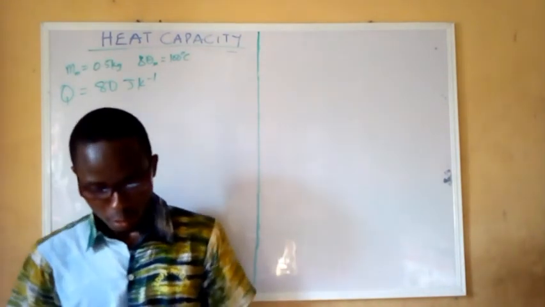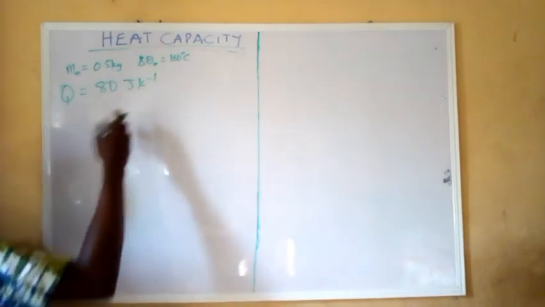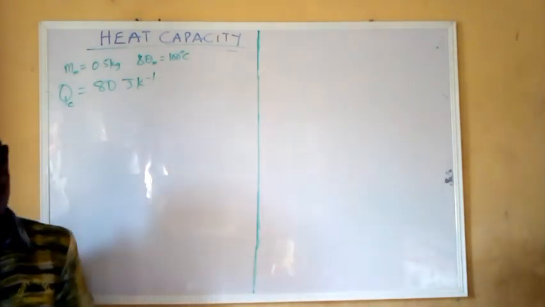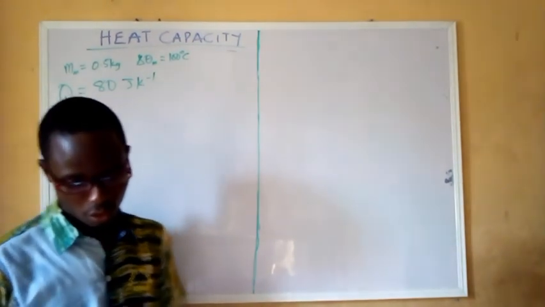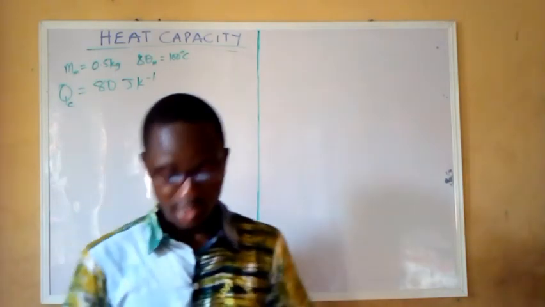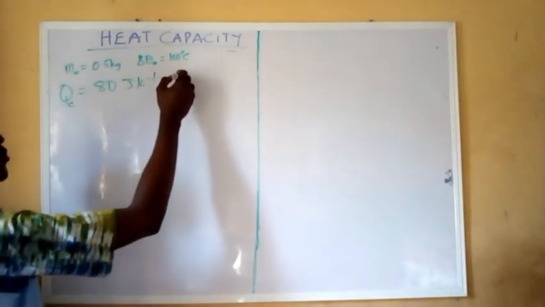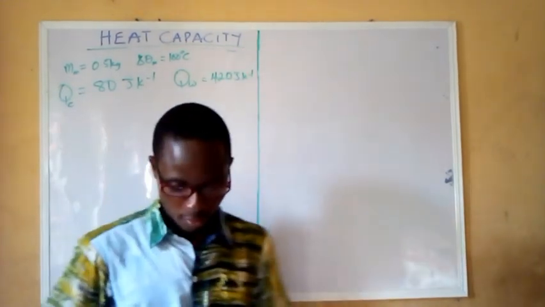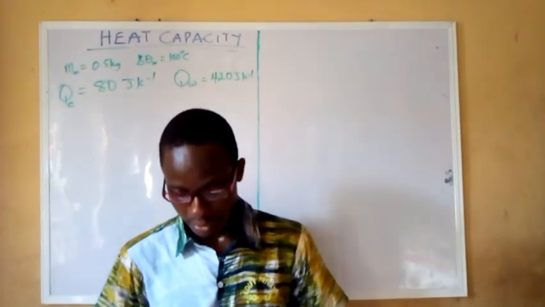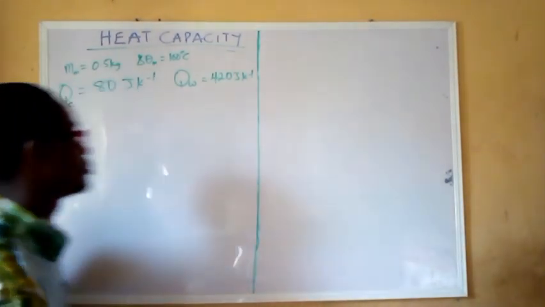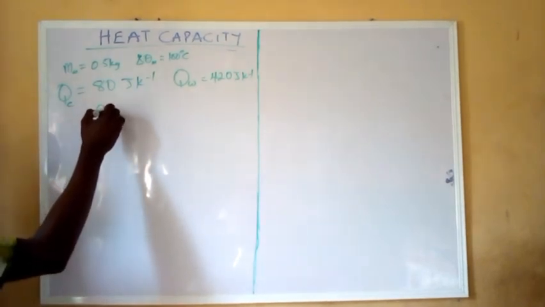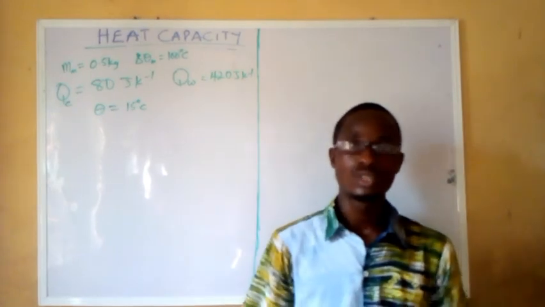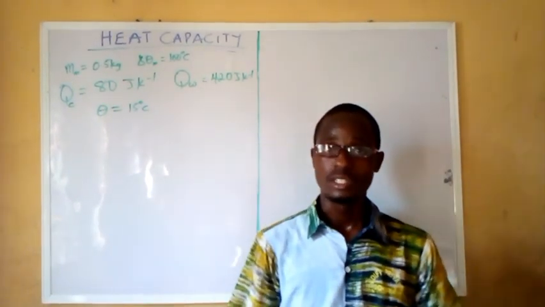It contains water of heat capacity 420 joules per Kelvin at 15 degrees Celsius, meaning the calorimeter and the water maintain a temperature of 15 degrees Celsius, because once the water is at 15 degrees Celsius and there is no heat loss or gain between the water and the calorimeter, then the temperature of both is 15.